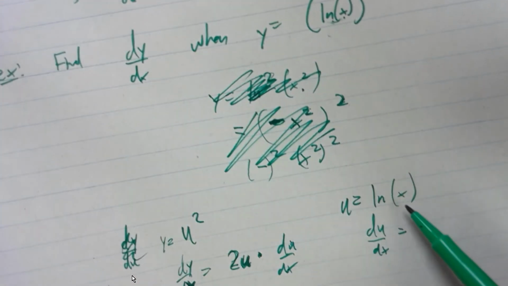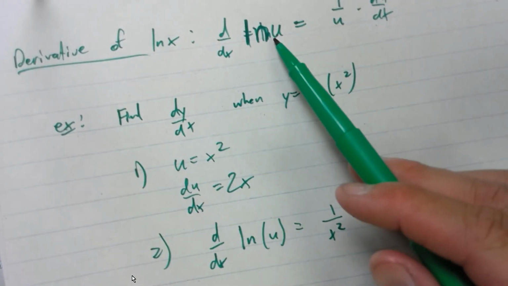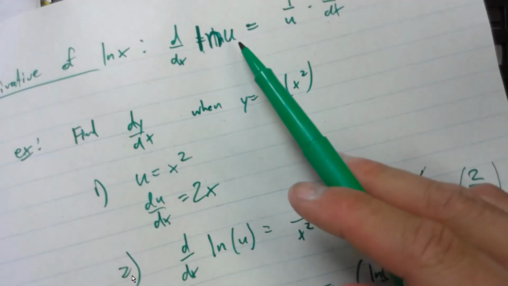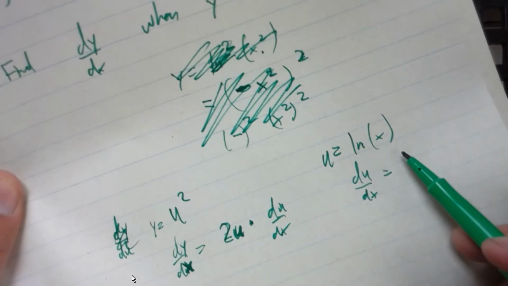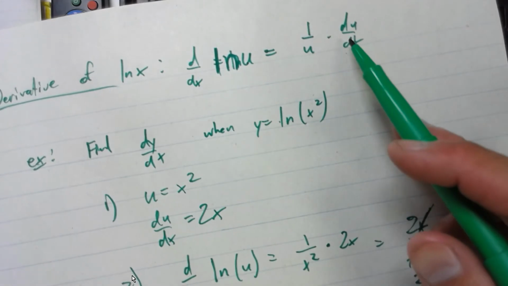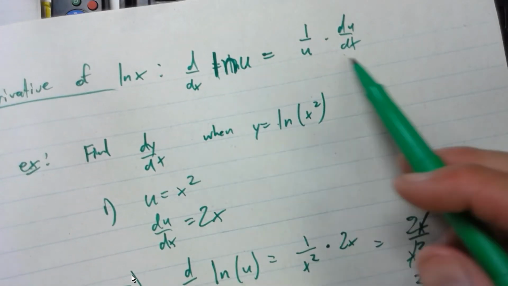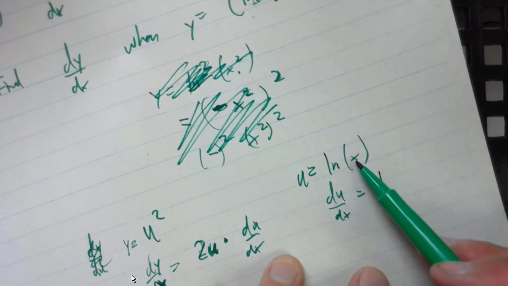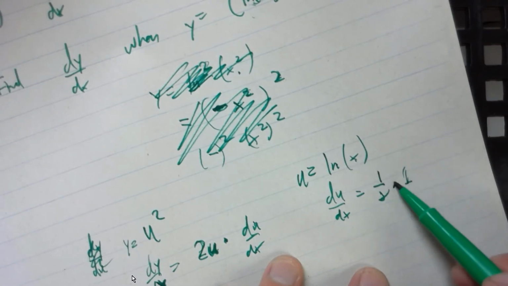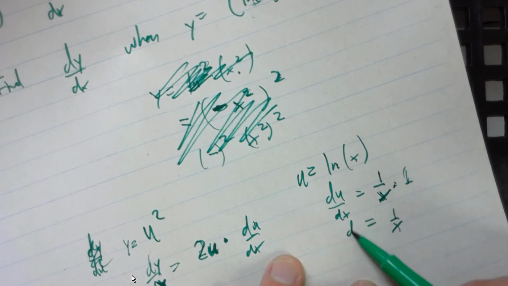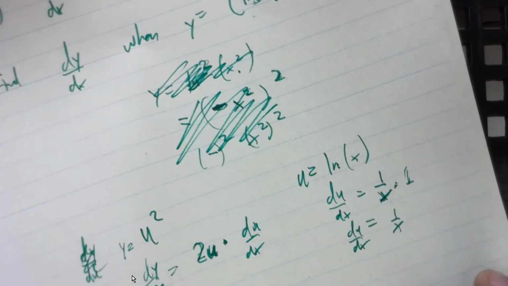So the derivative of ln of u, in this case u is x, is equal to 1 over u, that's 1 over x, times the derivative of whatever's in there with respect to x. Well, the derivative of x with respect to x is just 1. So this would be 1 over x. That's du over dx.